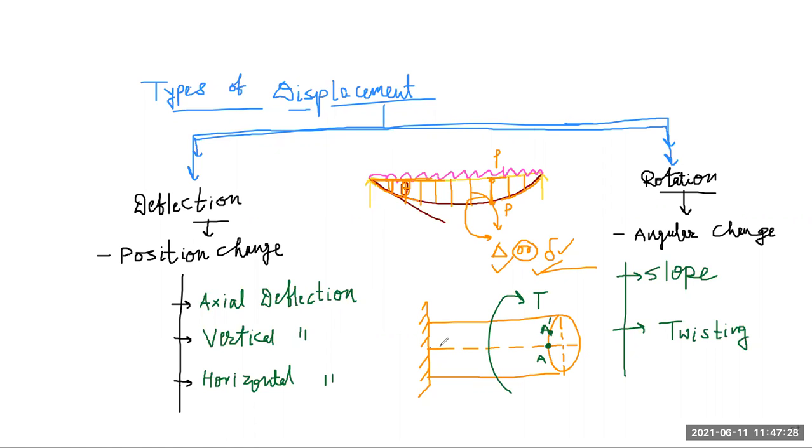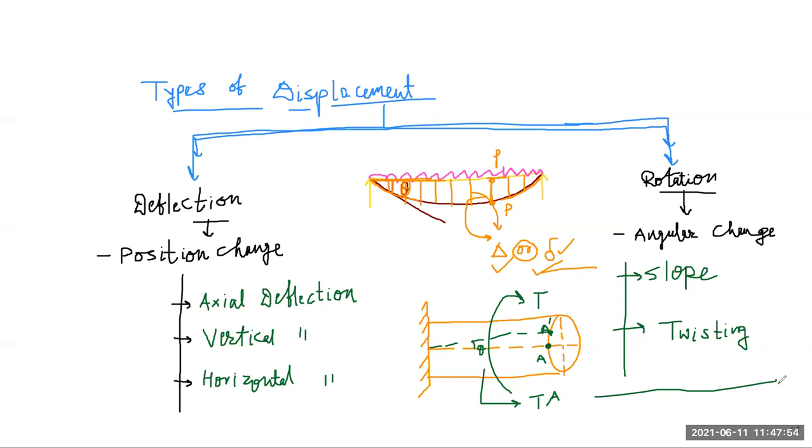So a certain angle will be formed from the original position to the changed position. This is also your theta, and this theta is your twisting angle. So this all comes in your rotation part.